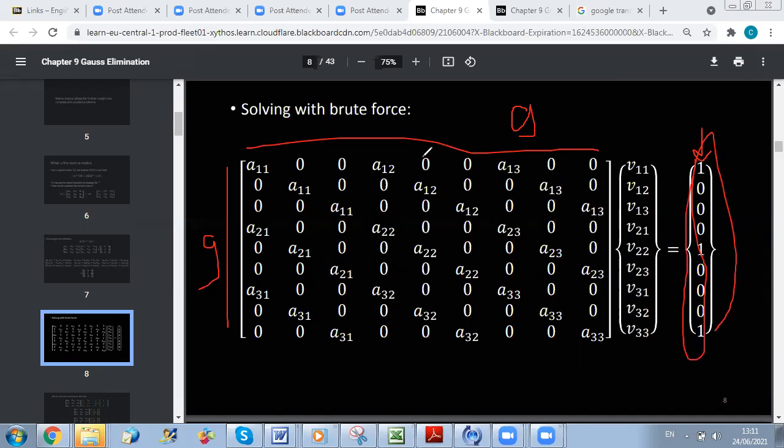I can do Gauss elimination, but it is also very complex here because I have 9 by 9. I will need a lot of time to perform forward elimination for all of these terms. All of these terms should be eliminated in order to get an upper triangular matrix. This will take time.